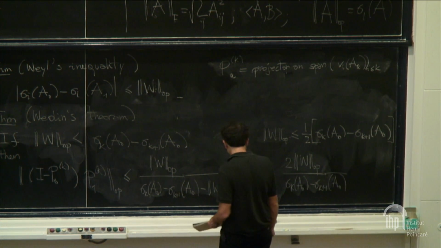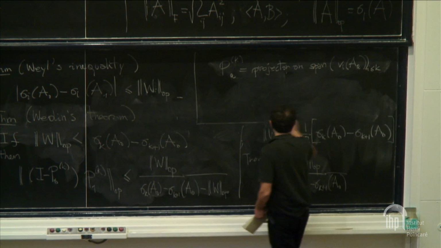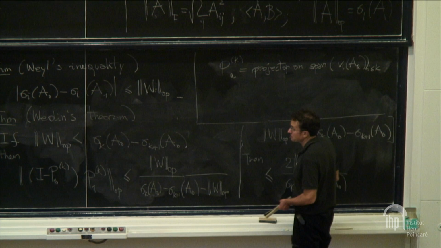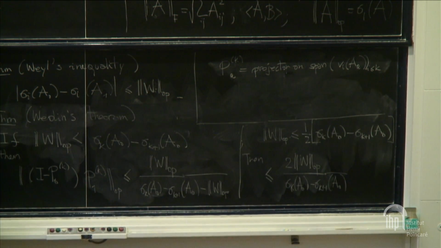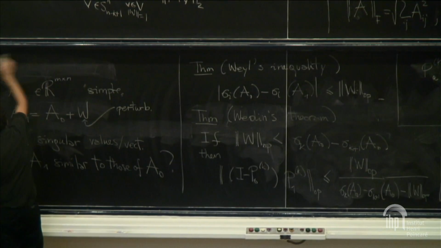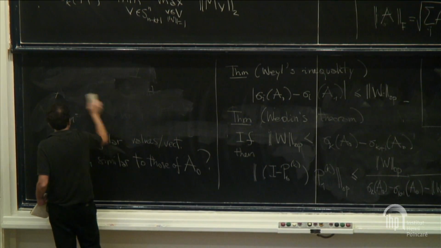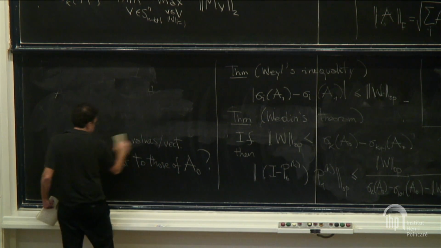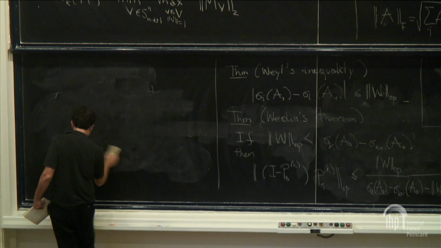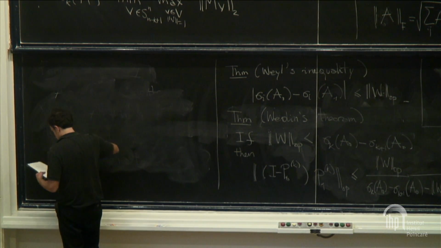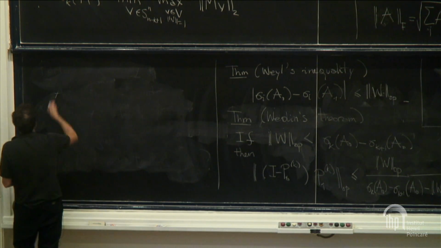Okay. So let me see what this gives you in a special case. Perhaps I'll erase this one. Okay, let's look at a special case, that is the case k equal 1.